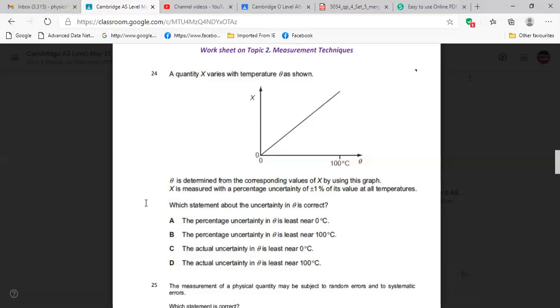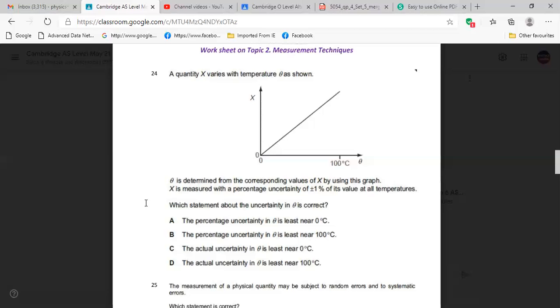Yeah, 1 degree Celsius. So here 1 degree Celsius is your actual uncertainty. You label here 1 degree Celsius is actual uncertainty, and 50 degree is your measured value. Okay.